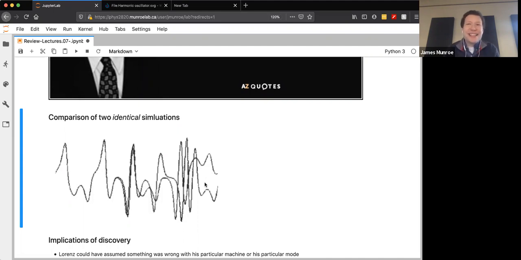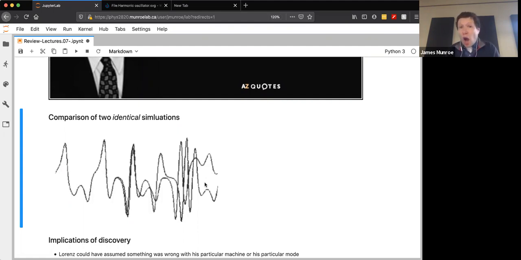This is basically the discovery of chaos. Two nearly identical initial conditions lead to very different long-term behavior. That's the definition: sensitive dependence on initial conditions everywhere in the domain. That's what I'm giving you as an operational definition of a chaotic system.